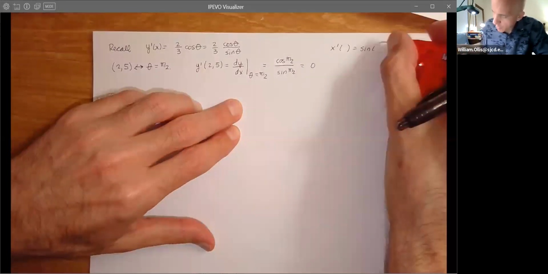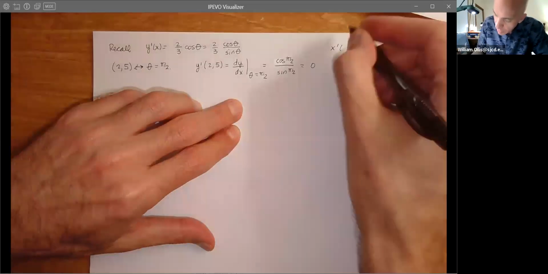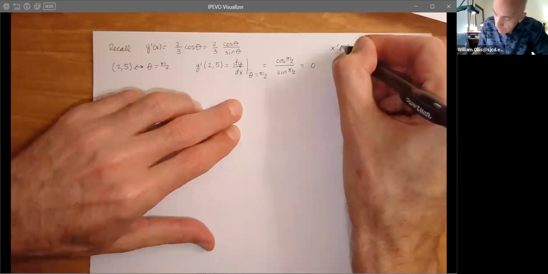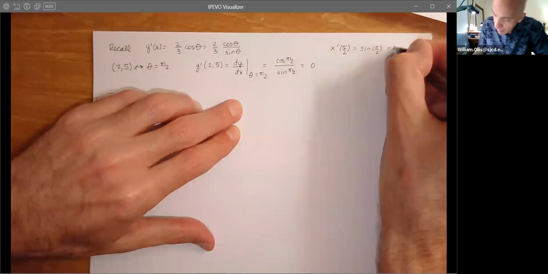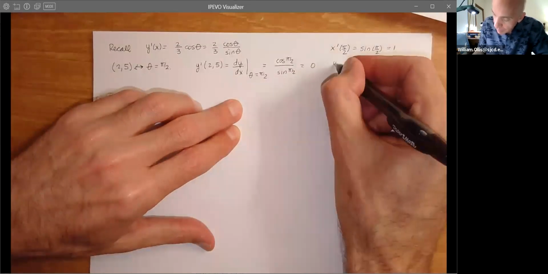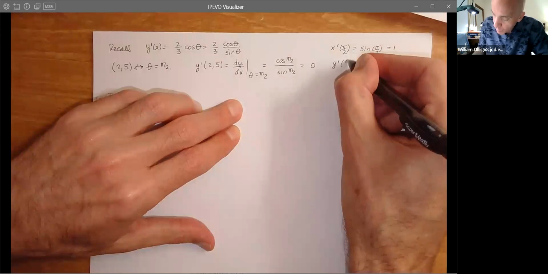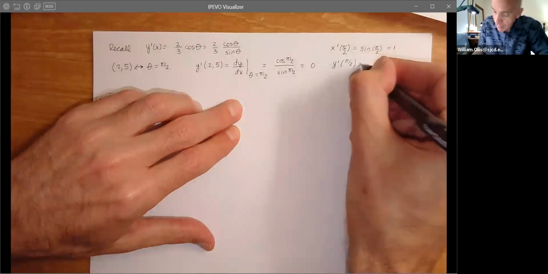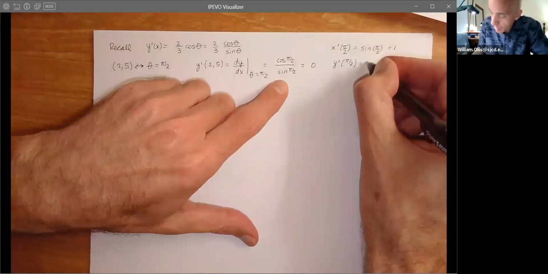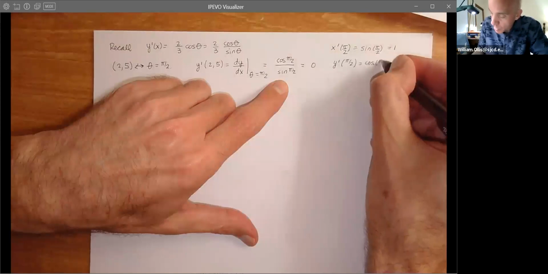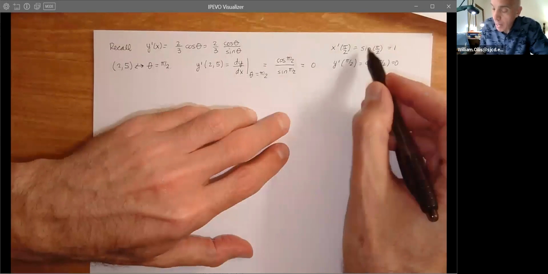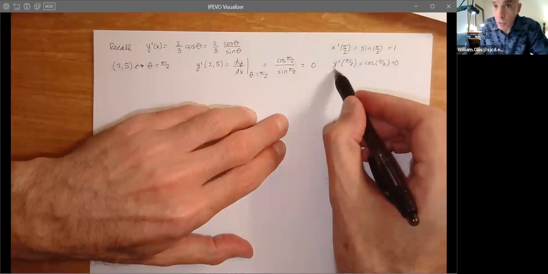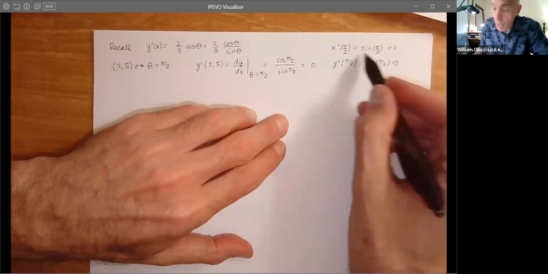That's why I like t's. The thetas remind me of zeros. x prime at pi over 2 is sine of pi over 2, which is 1, and y prime of pi over 2, in this case, is cosine of pi over 2, which is 0. So now we have the case where the numerator is 0, but the denominator is non-zero.